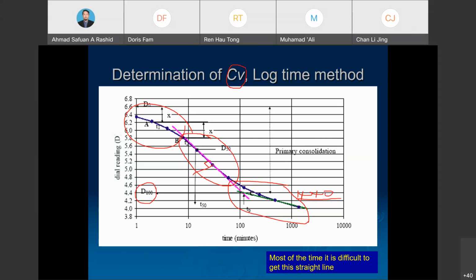And then the green line is constructed by referring to the third curvature line. Then the intersection between the green and the pink is the D100.